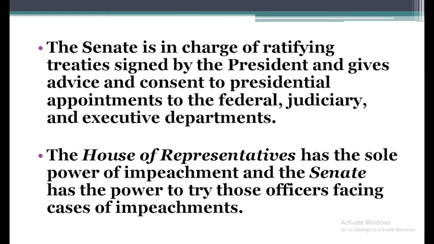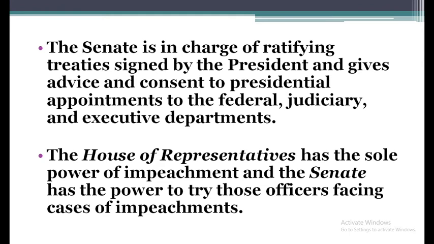But in all these matters, the Senate will always give its consent or ratify the decision of the President for it to become a law or to become valid. In this matter, the Senate acts as the balancing power towards the power of the President.